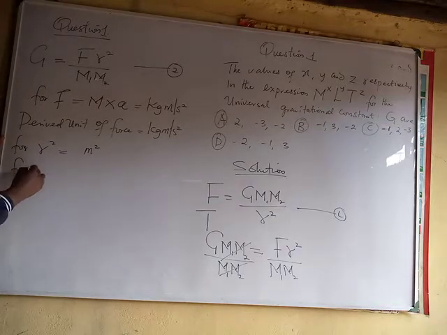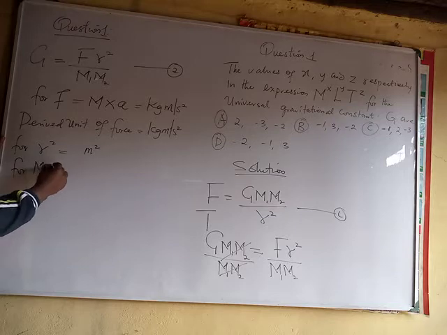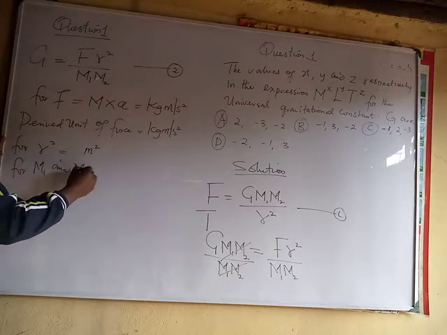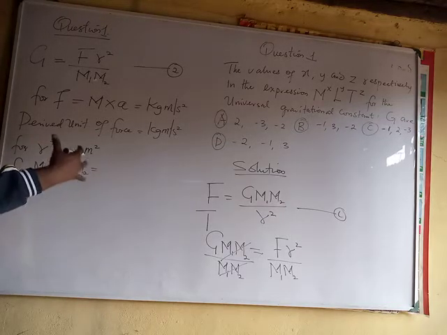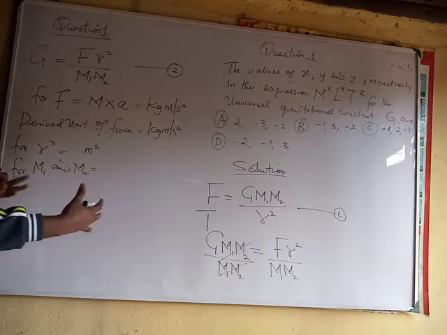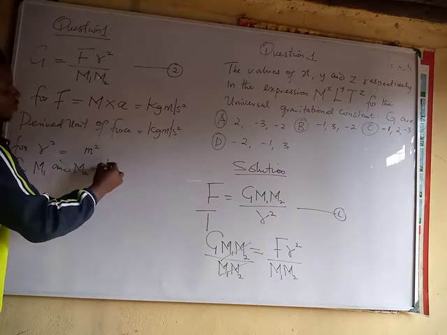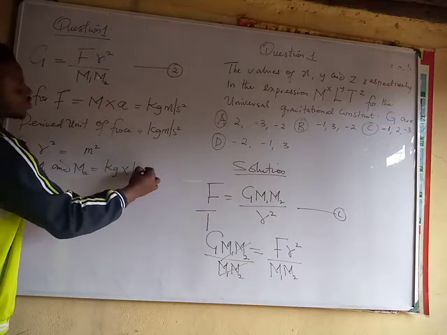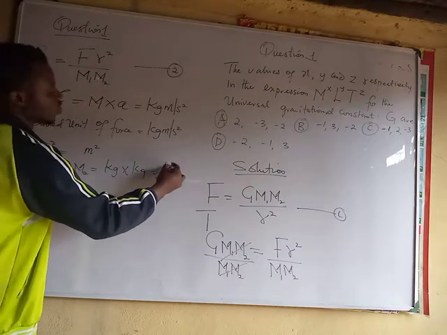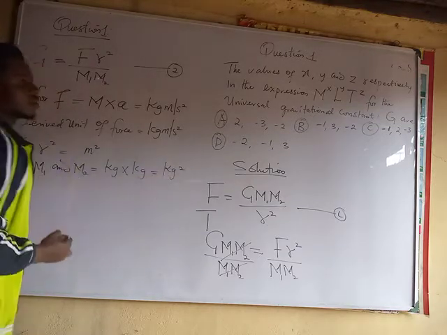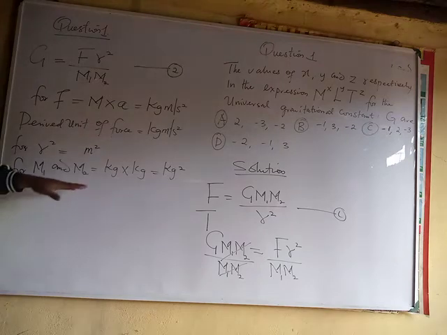Then for m1 and m2, these are the masses of the two objects. So we have kg times kg, which will give me kg square.